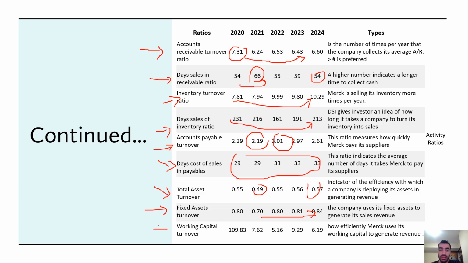The last activity ratio is working capital turnover. I see high volatility, from a high in 2020 to lower in 2024, indicating fluctuating working capital efficiency. So this was about the activity ratios.